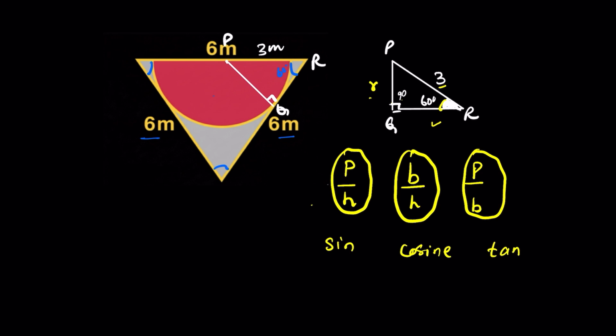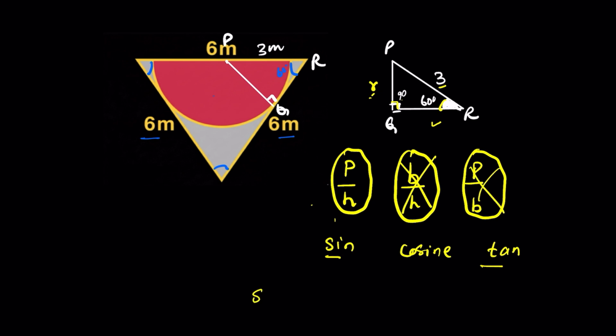Opposite to it is R, which we need to find, and R is PQ, the perpendicular, so we are not going to use cosine. Now between sine and tan, the angle opposite to 90 degrees is the hypotenuse, so we are not going to use tan.